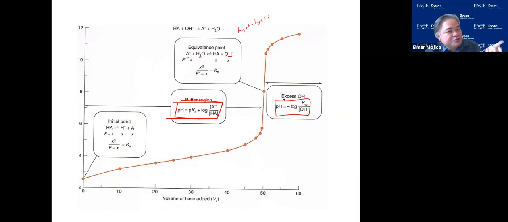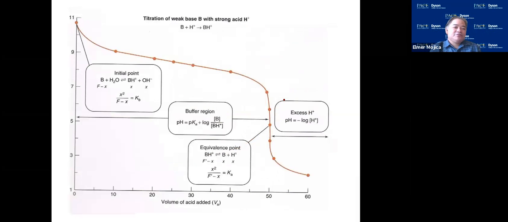Now, if we're going to do it the other way around, wherein you have a weak base being titrated with a strong acid, this is how it works. Initial point is the behavior of the weak base. Before the equivalence point, it acts as a buffer. At equivalence point, the same thing, hydrolysis.